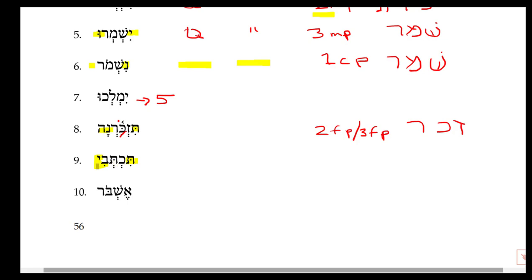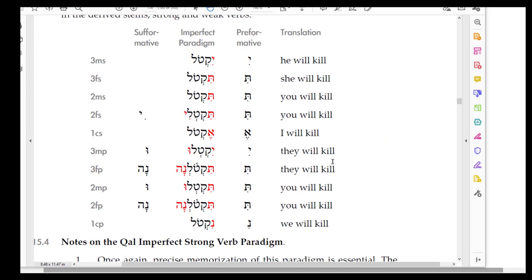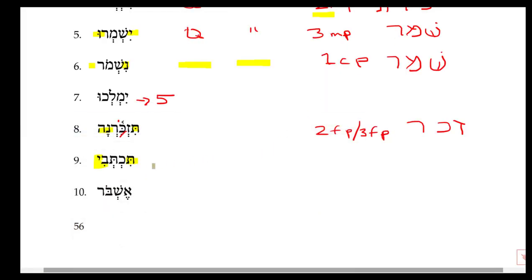Okay, so if we look for that pattern, in section 15.3, here we find it. You've got the tav plus hireq as the prefix and the yod, or the hireq yod, as the suffix. That's a second feminine singular. So we can parse this then as Qal imperfect, second feminine singular.